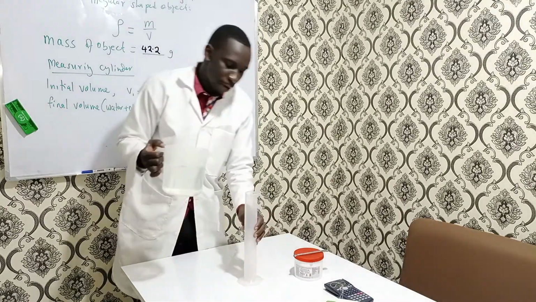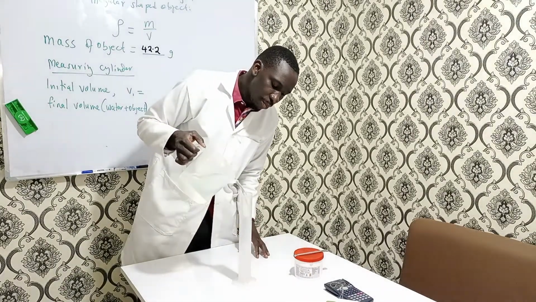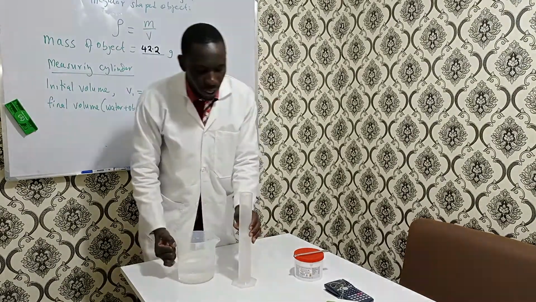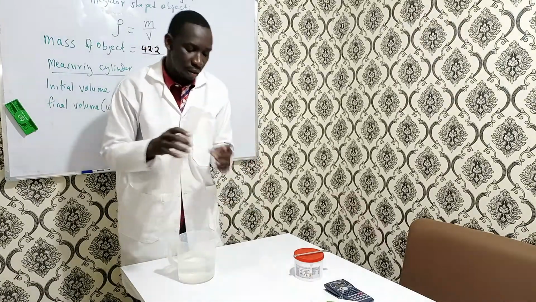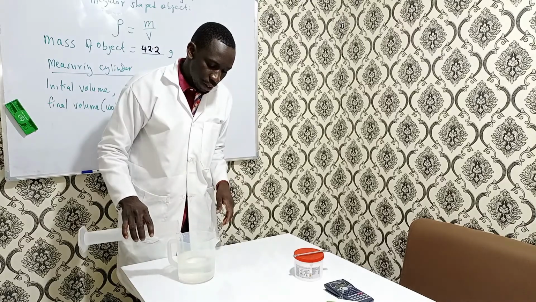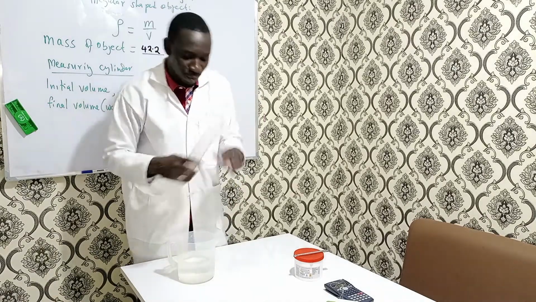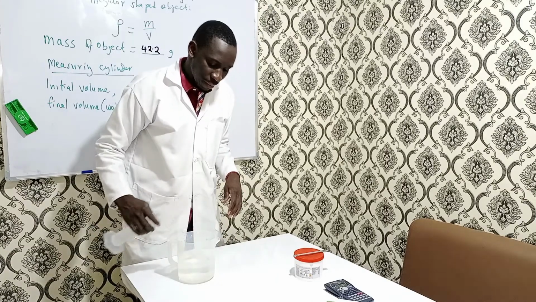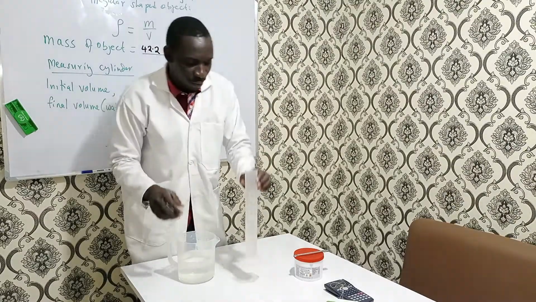I have water here in the jug. We are using the displacement method to find the volume of this object because it is an irregularly shaped object. For the first part, we don't need to worry about the exact volume, so we can just approximate. More than half, somewhere here, just approximate.